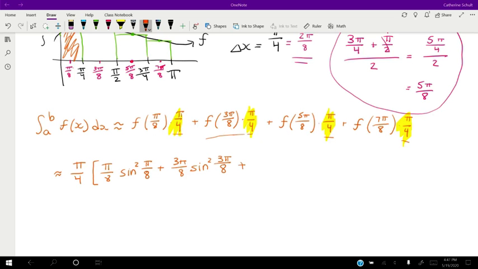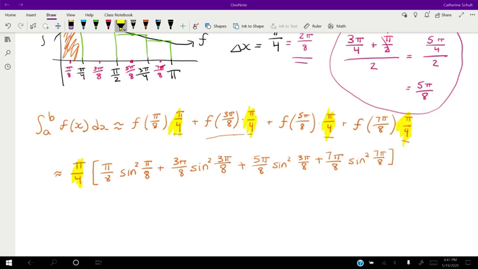And then the third rectangle, x is 5 pi over 8, so x sine squared x. And the fourth rectangle, the midpoint is 7 pi over 8, so x sine squared x. All right, so there you go. And then remember that pi over 4 is on the outside.